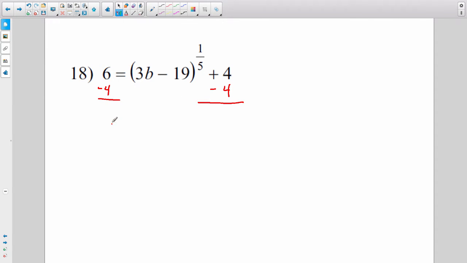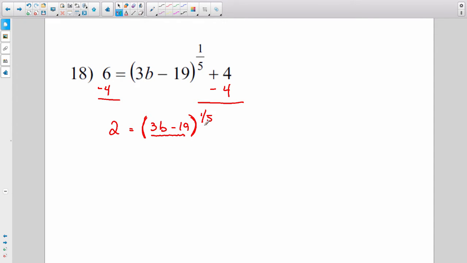And now you have 2, and that's equal to this. Okay. Now the other thing is, even though there's 2 items in here, since there's parentheses, you know that this exponent belongs to both of these items. This whole entire briefcase is attached to that exponent.